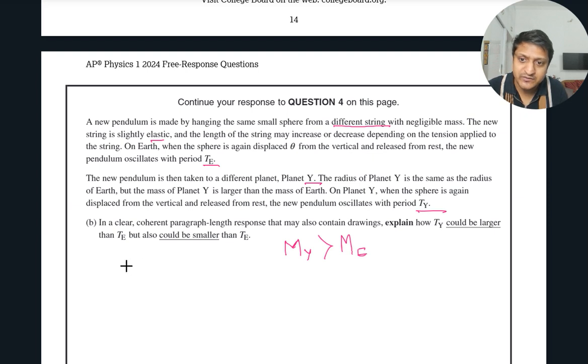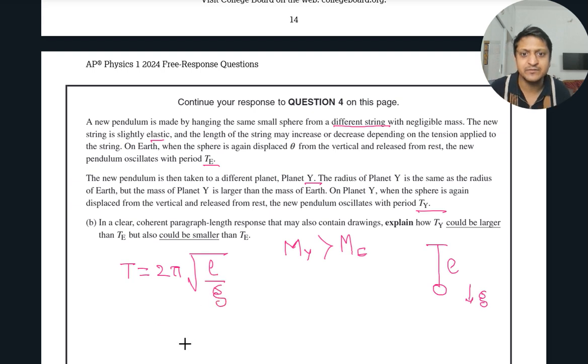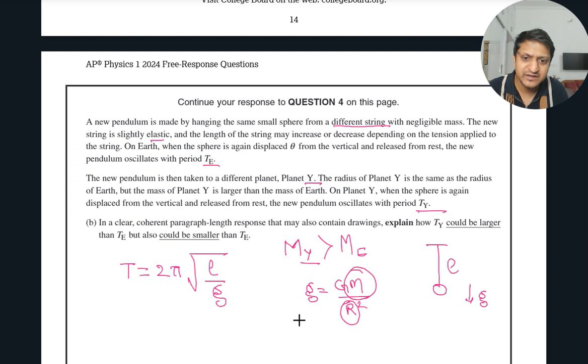That is because the time period of a pendulum, if its length is L and the gravitational pull is g, is given by root L by g. Now g equals GM by R squared, so R is constant and mass is more for Y, which means the gravitation for Y is greater than on Earth.